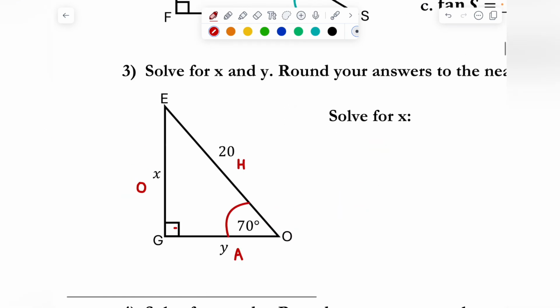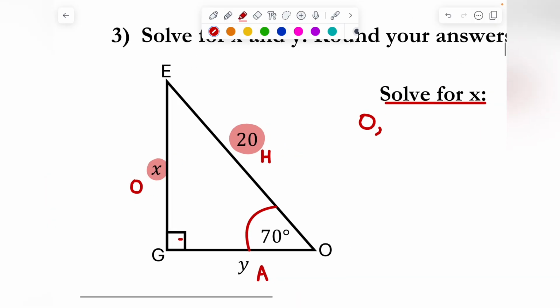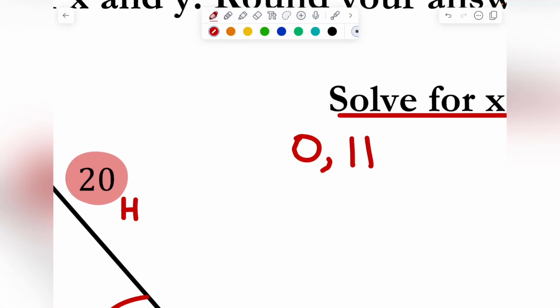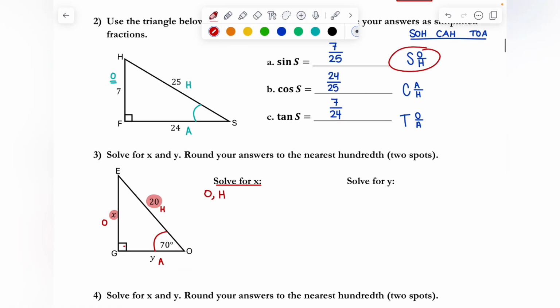So first, I have to decide when I'm solving for x, do I use sine, cosine, or tangent? Well, x is the opposite side, so I'm looking for the opposite side, and then I know one of the sides. I have to use the side they gave me, so they gave me this 20, which is the hypotenuse. So the trig function that uses O and H is sine.